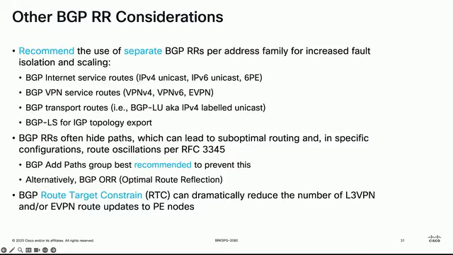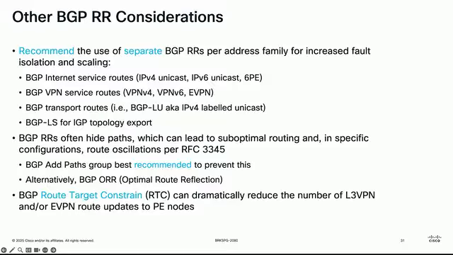Okay? Secondly, we recommend the use of BGP add paths, right? Because by default, a route reflector will only compute and advertise a single best path. And so that can lead to potentially suboptimal routing, or in some specific scenarios, it could lead to route oscillations, as documented in RFC 3345. Okay?